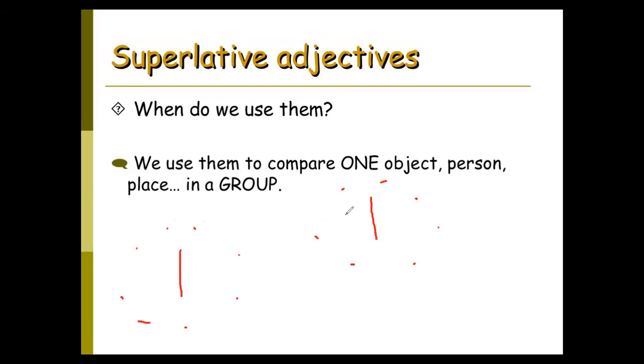For example, I like steakhouse restaurant, and I want to compare it to all restaurants in Jeddah. Why? Because I think it's the best one. Or for example, I want to compare one girl in the class to all the other girls in the class. This is also superlative. So the relationship in the superlative is from one person to all other people around him. That's why I call it superlative.